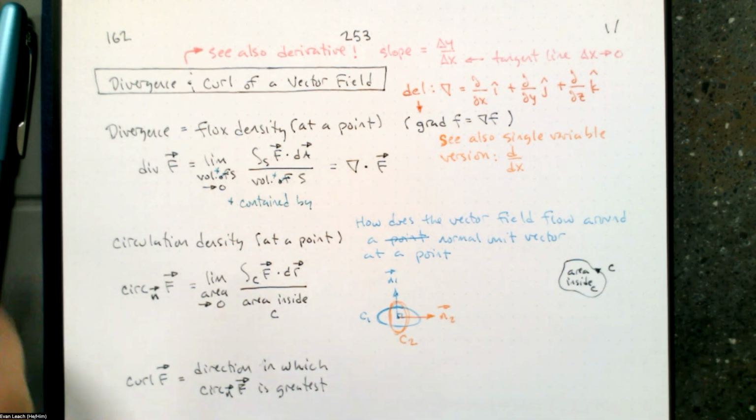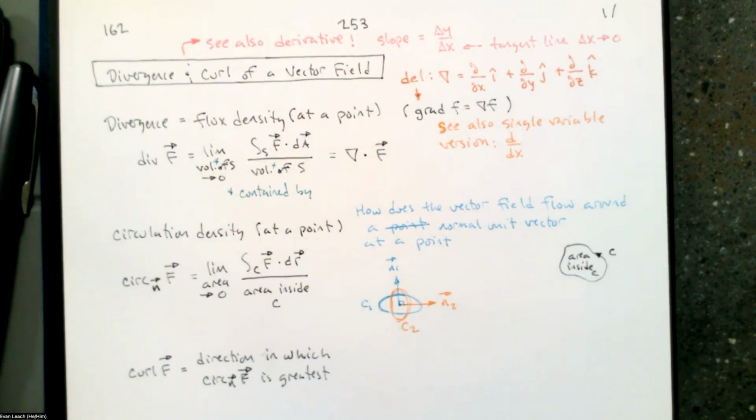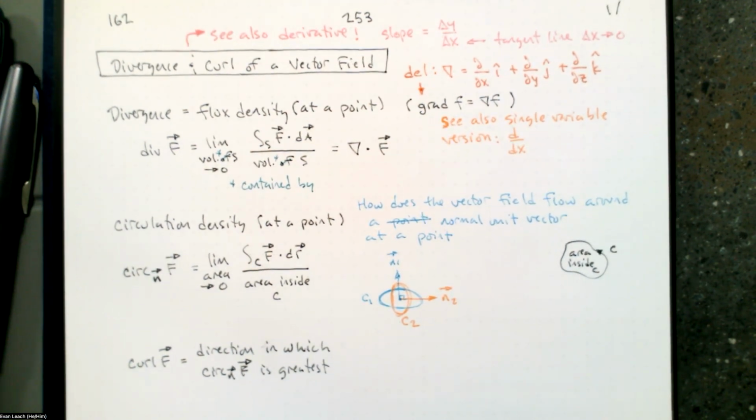So the curl, similar to the gradient, is the direction in which the circulation is greatest.